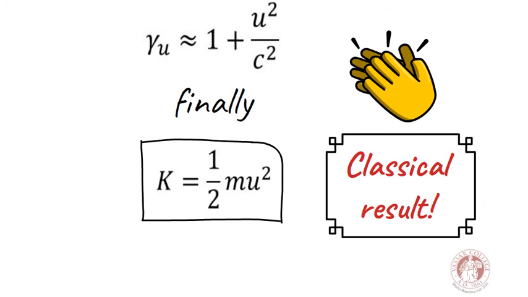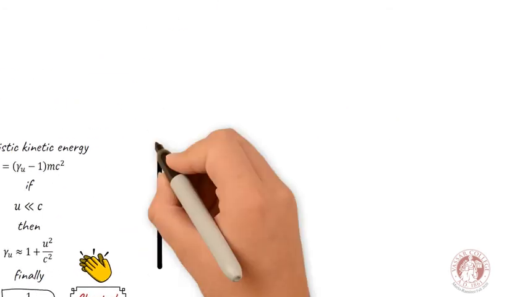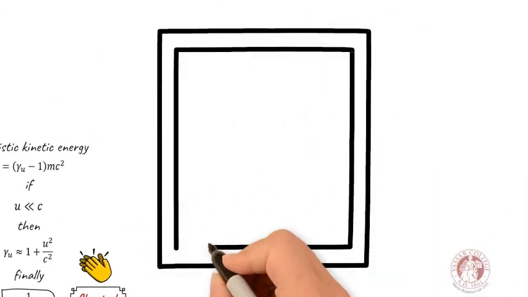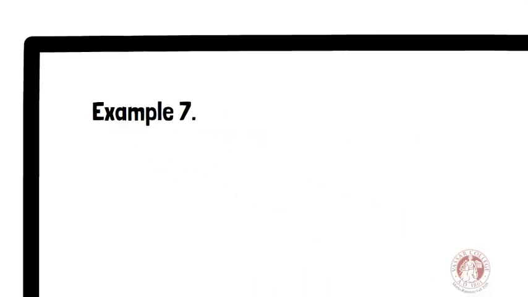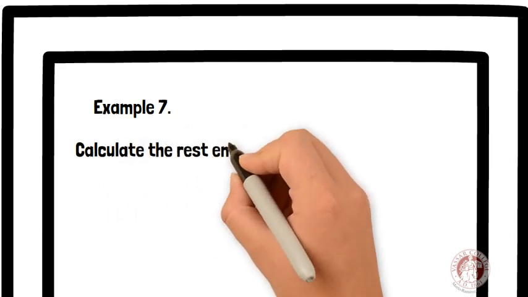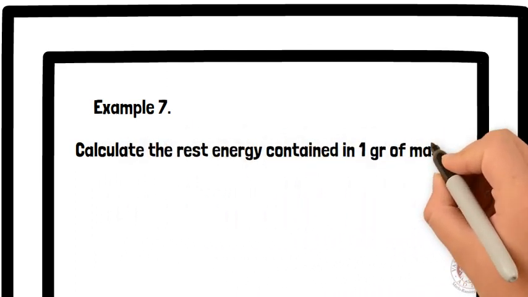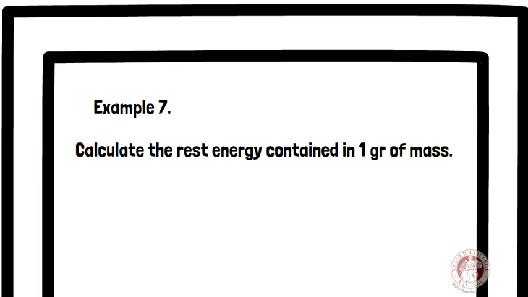Now let's solve an example to see how the total relativistic energy works. Example 7. Calculate the rest energy contained in 1 gram of mass. Could you solve it?